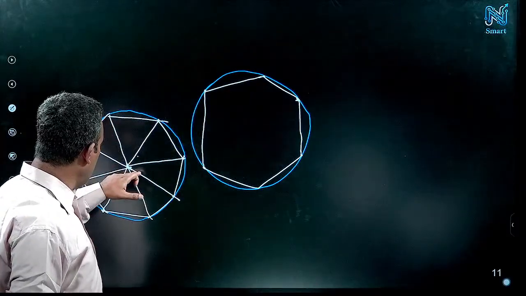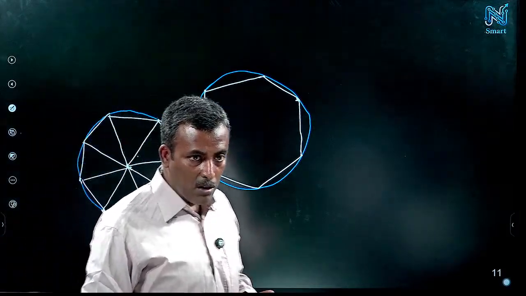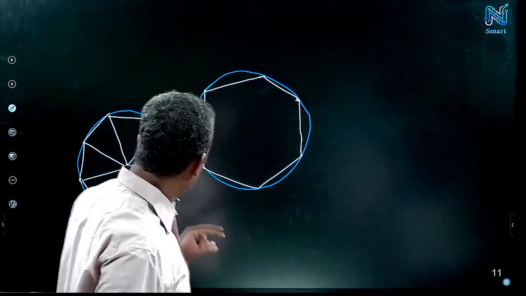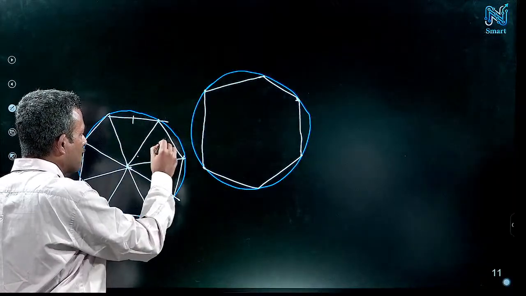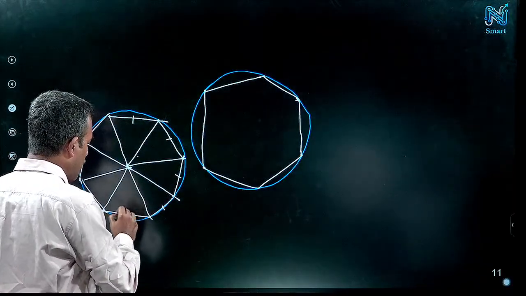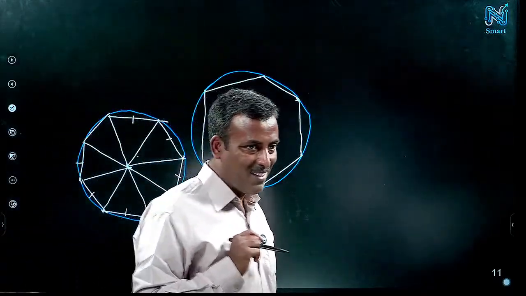If all are 60 degrees, then 60 degrees means 6 parts. If it is a regular hexagon, all the triangles are equilateral. No, but these must be congruent. Why? Already by construction these are all equal. Because all the angles are equal, therefore all the arcs are equal. The radii are also equal.